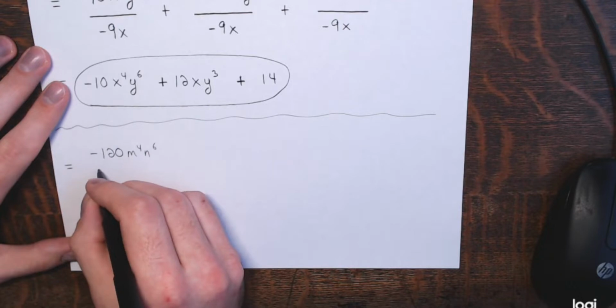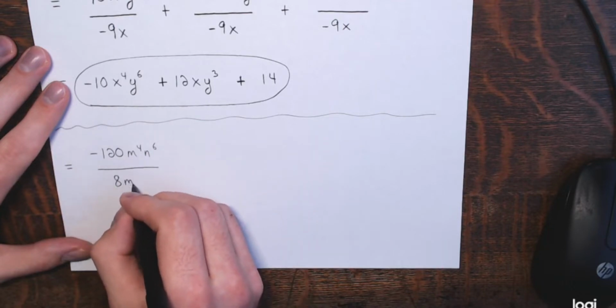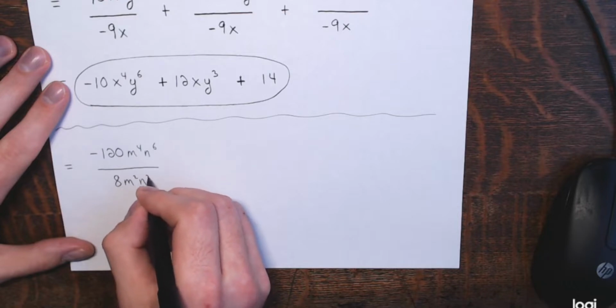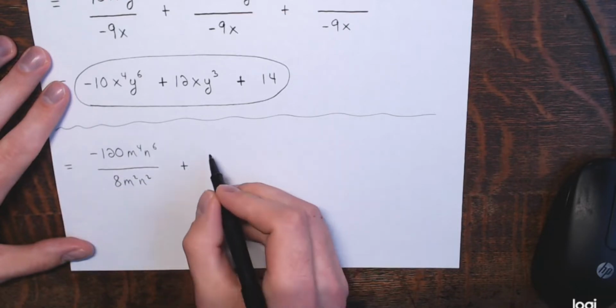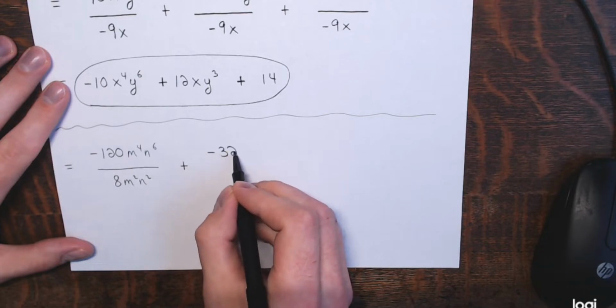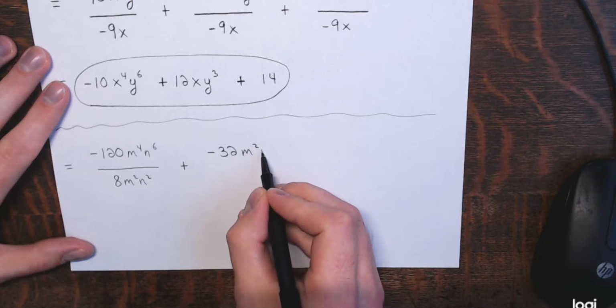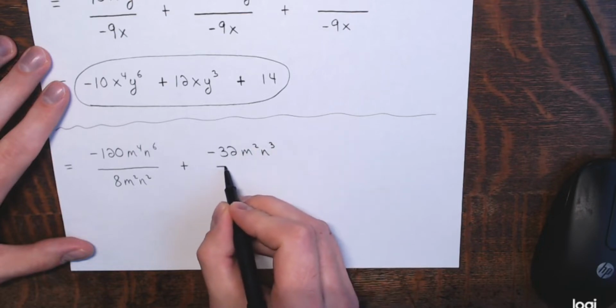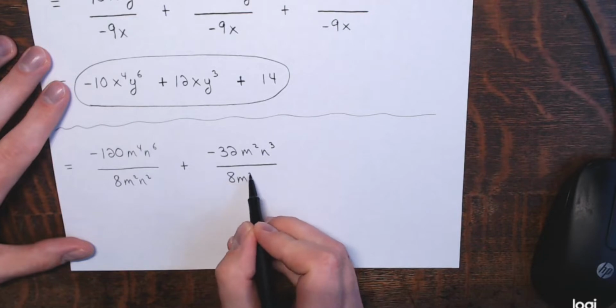And that's going to be divided by 8m squared n squared. Plus, and then the second term in the numerator, it's negative 32 m squared n cubed, divided by that same denominator, that same monomial 8m squared n squared.